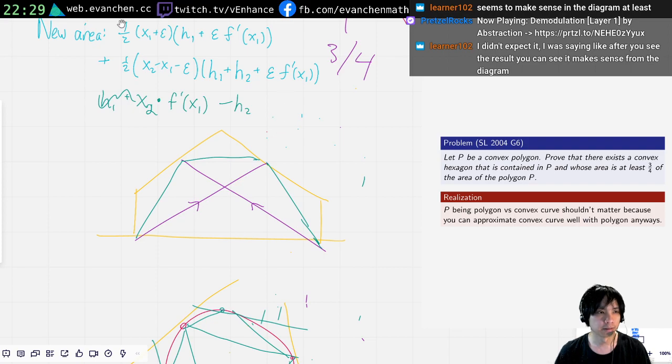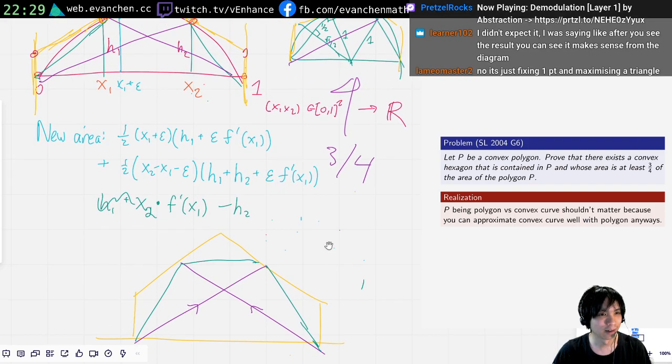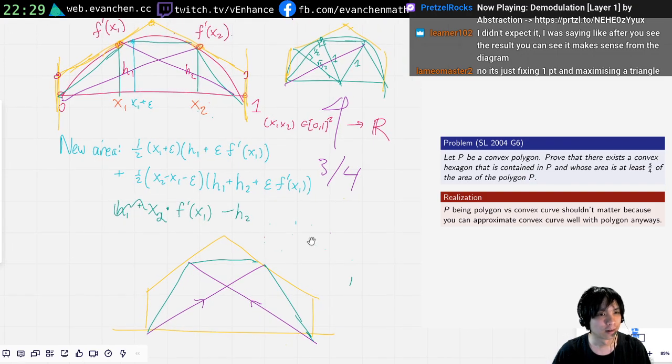Yeah, I agree it makes sense in the diagram. You look at this like, yep, that is actually what happens. And okay. So is the green guy 3/4 of the yellow guy? At least? Maybe? Hope? Is that true?